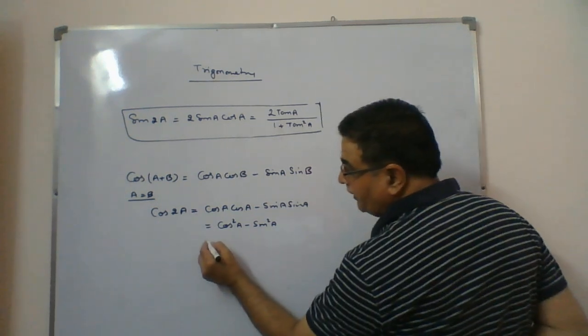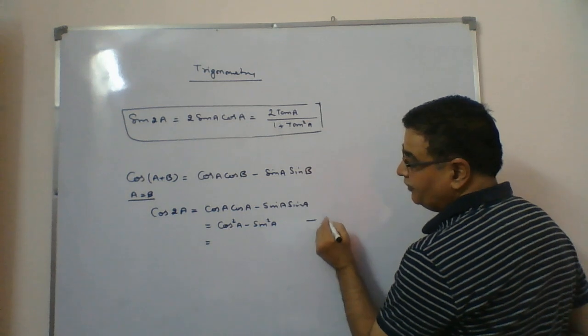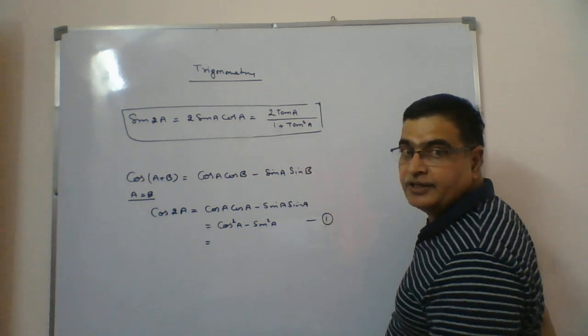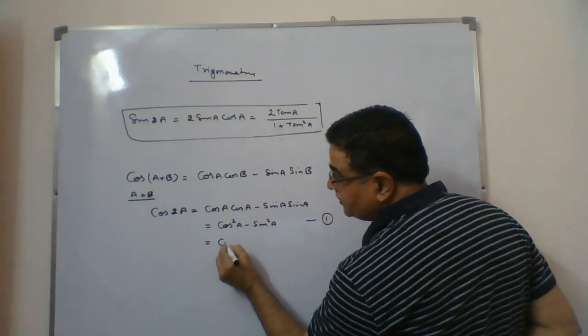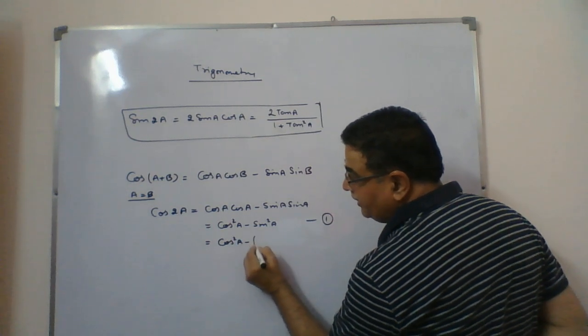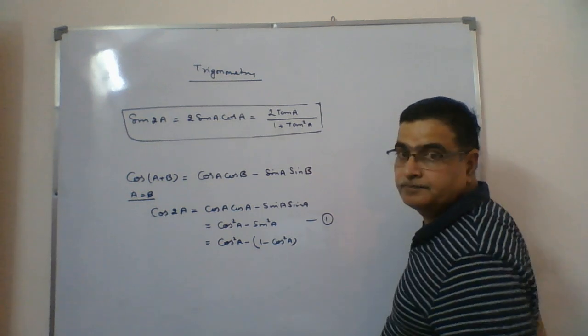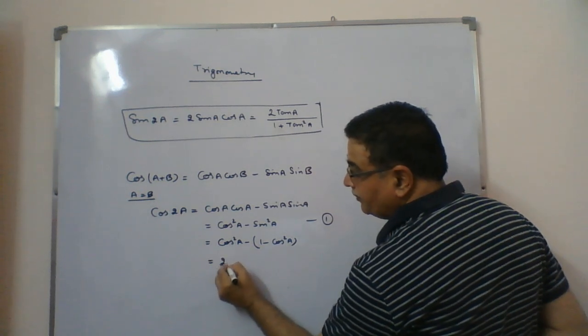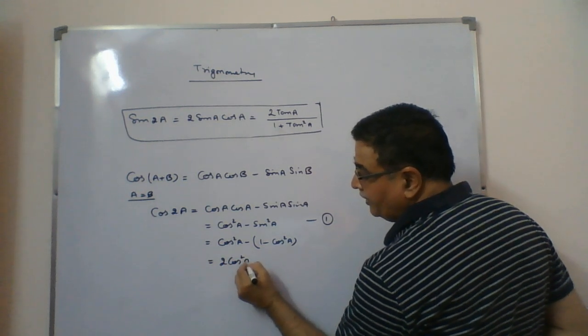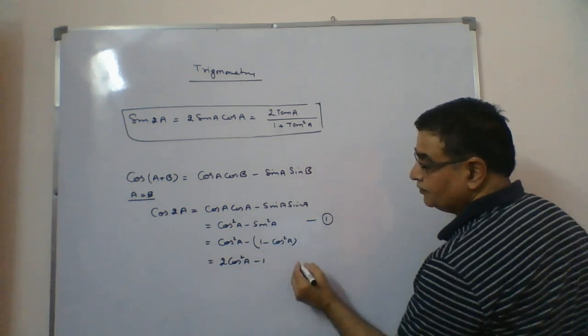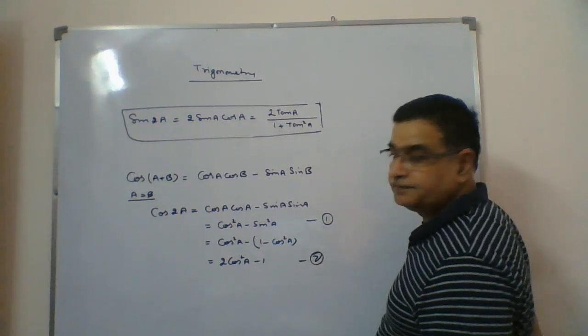And cos 2A, now this is the first formula we have created. One formula we can create completely in cos. So when we want it completely in cos, sin square A is 1 minus cos square A, so we get cos square A minus 1 minus cos square A, or when you solve it, it will come 2 cos square A minus 1. This is formula number 2.